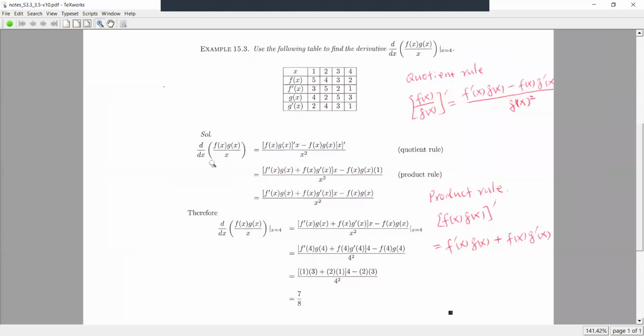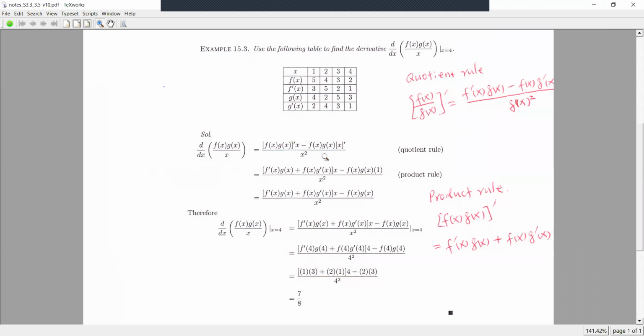The function in this derivative is a quotient. The numerator of the quotient is f times g, and the denominator of the quotient is x. Apply the quotient rule to this derivative, then we have this equation.